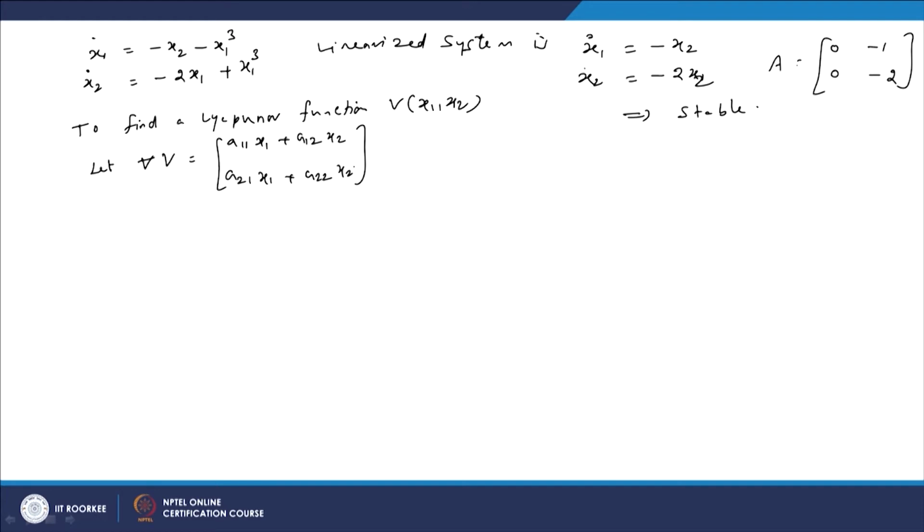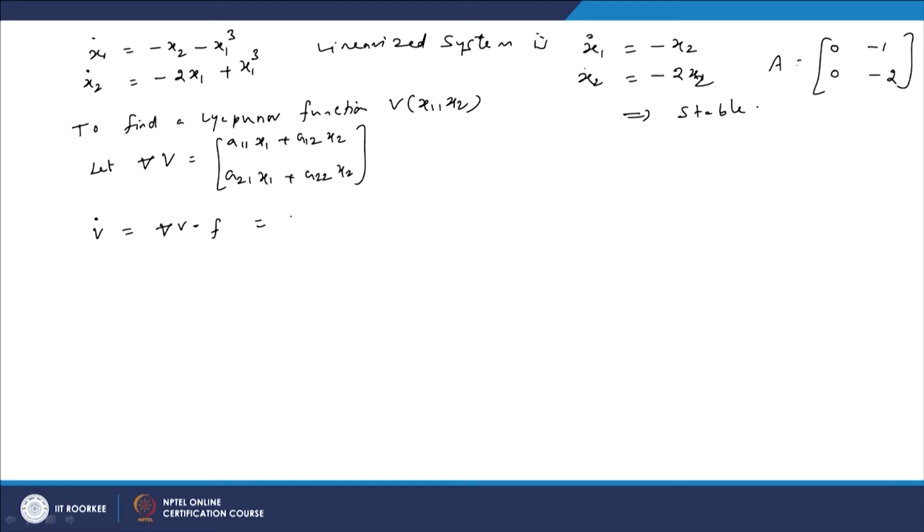Now, this has to be the gradient of a function. So, now if you calculate V dot, that is dV by dt equal to del V dot f, where f is the right hand side of the differential system.